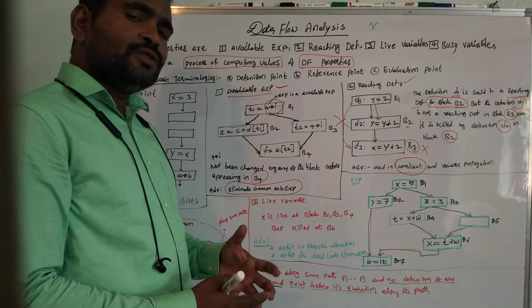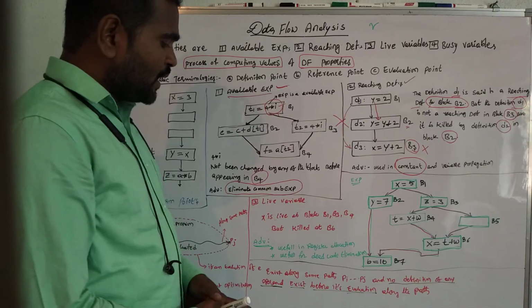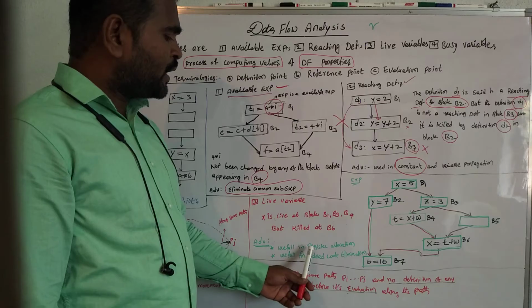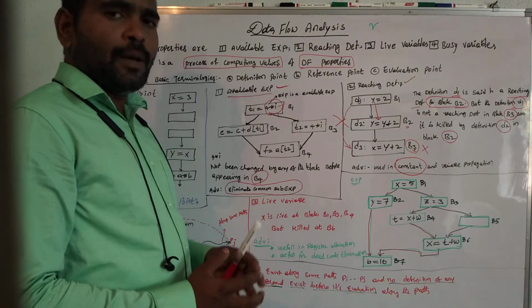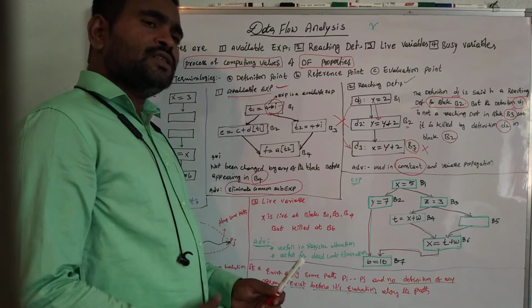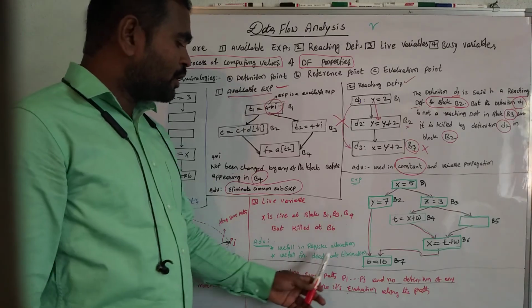So what is the use of this particular live variables in the optimization technique? The advantage is that it is useful in register allocations. What are the live variables at our programming point? At that time, the register processor allocates the register for those particular variables only.